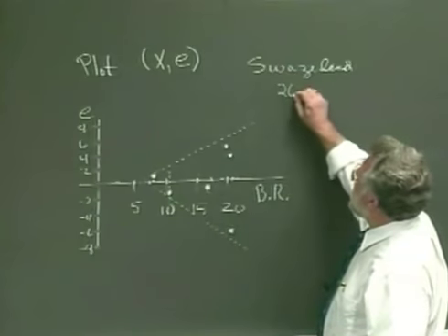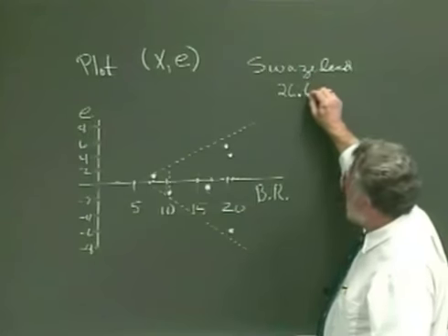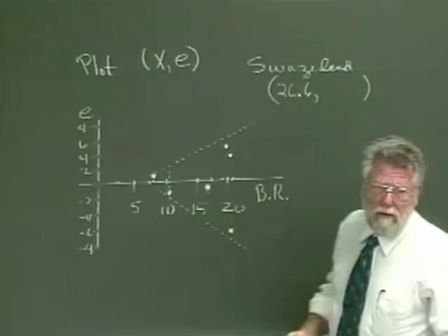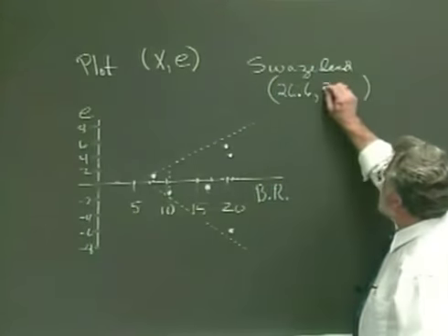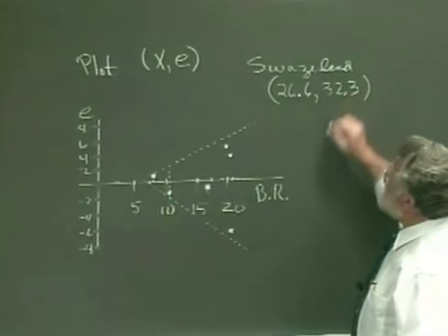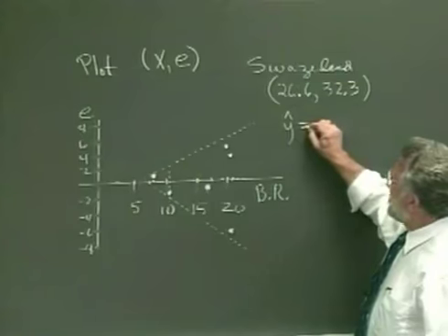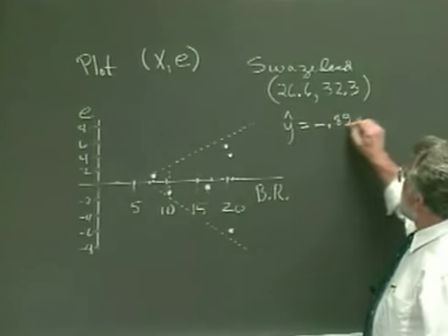Okay. 26.6? My error. I just didn't remember that. And the actual life expectancy for females was what? 32.3.